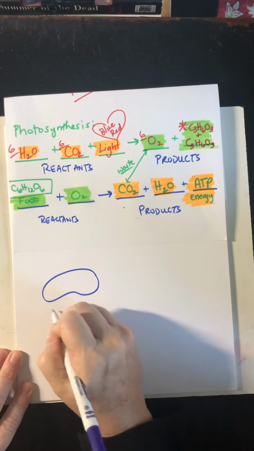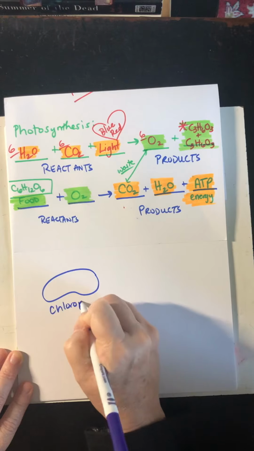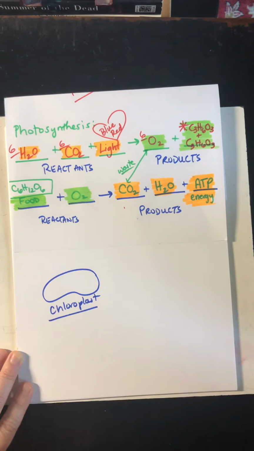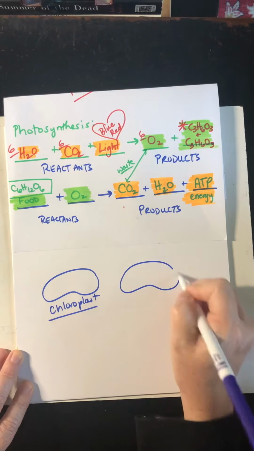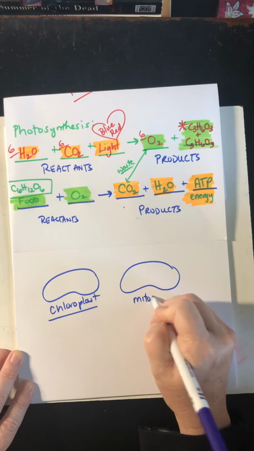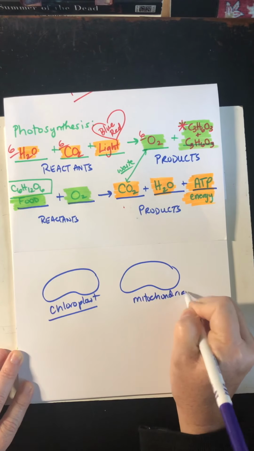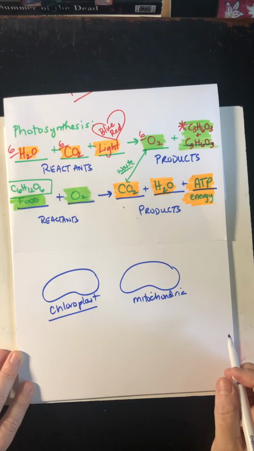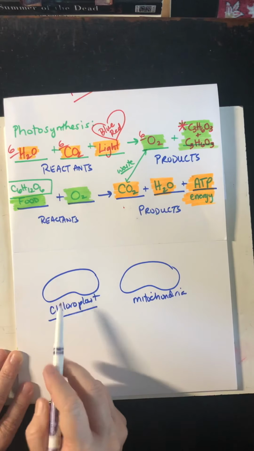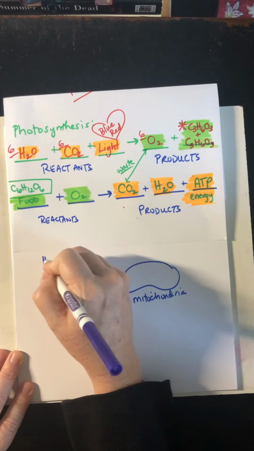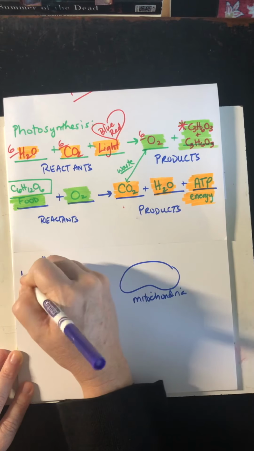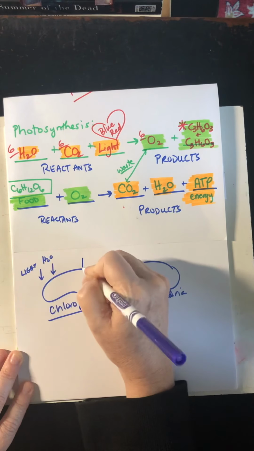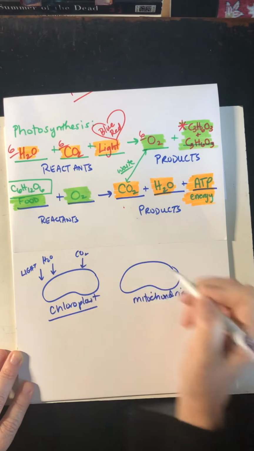Now, we've got the chloroplast. We have a very similar organelle called a mitochondria for cellular respiration. All right, so photosynthesis, we've got water in, we've got light in, and we've got CO2 in.